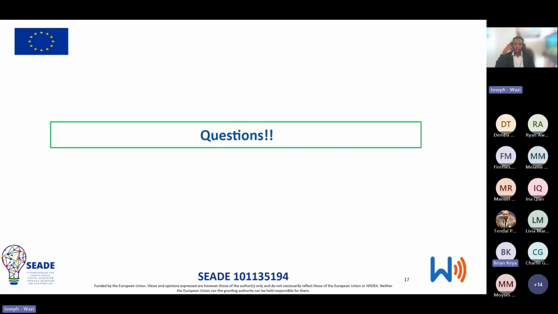Okay. I don't know if it is clear, Demba. So the farmer link is not yet very well set up, but eventually how we will do it is through a mobile application. So all the data sets, soil and weather information, will be received by the farmer through the mobile application.